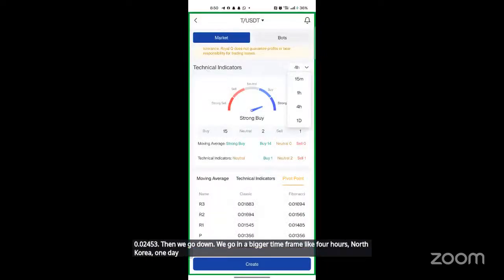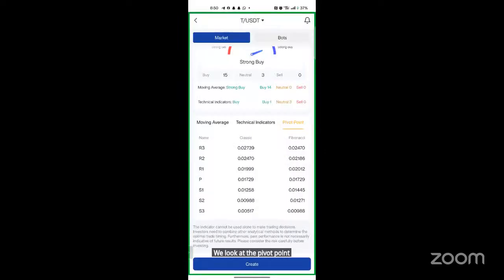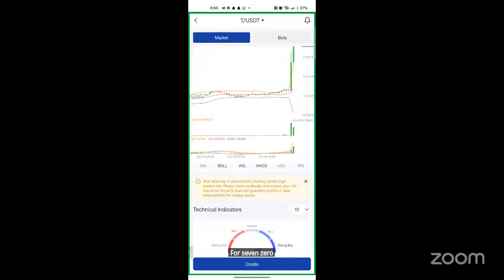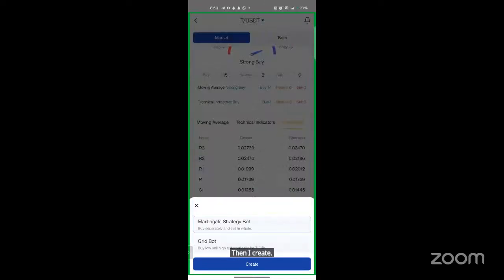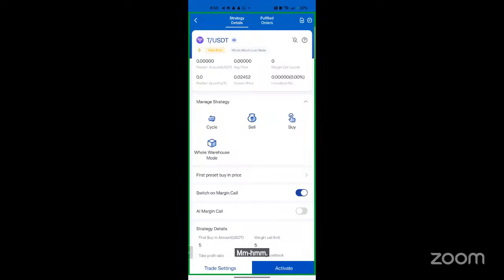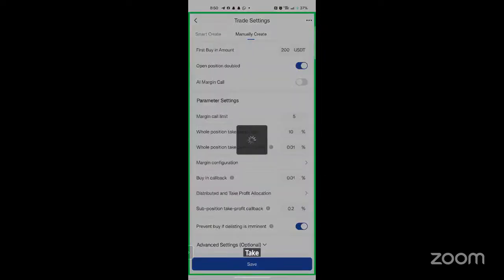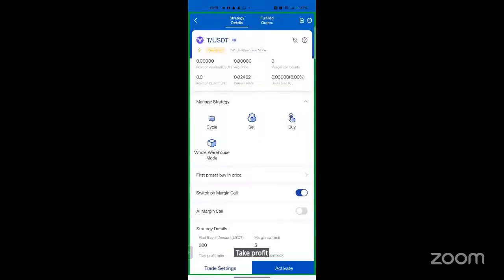We look at the pivot point, it is already above. 2470, it has not yet hit it. Then I create take profit. So I activate.